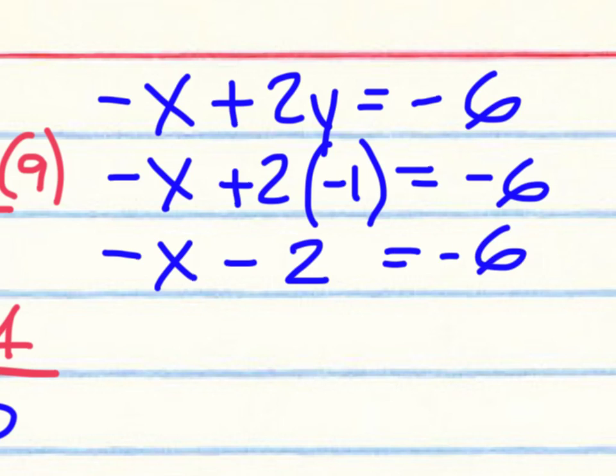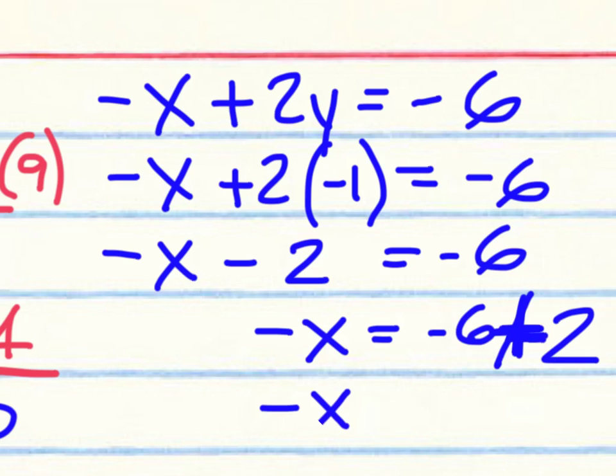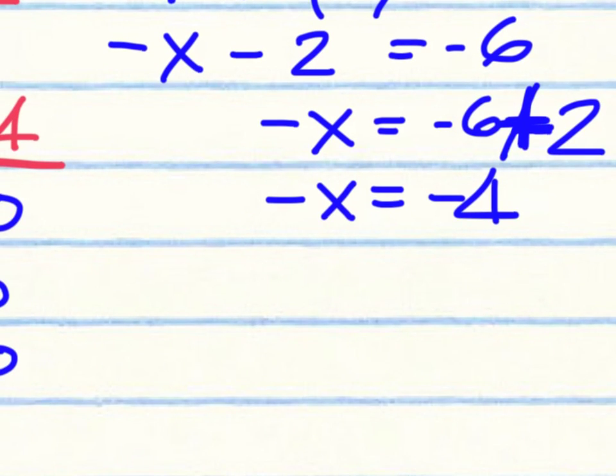That should have been negative 6 plus 2. I'm getting ahead of myself there. Negative 6 plus 2, which is a negative 4. So divide the negative 4 by negative 1 from right here to get a 4. So your final answer is 4, negative 1.